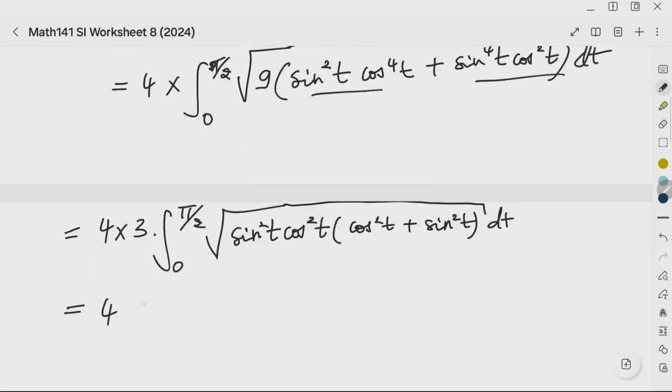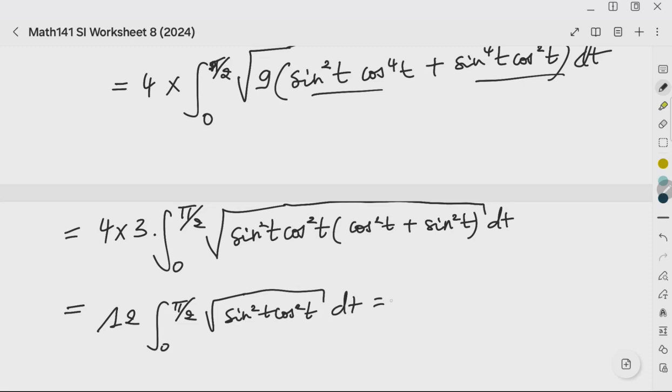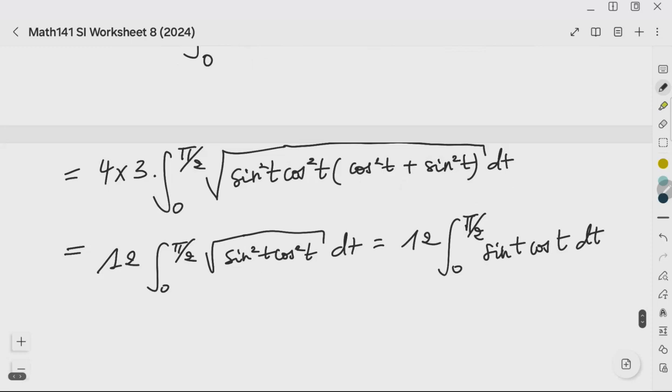So this integral becomes 4 times 3, which is 12, multiplied by the integral from 0 to pi over 2 of sine squared t cos squared t dt, which if you take from under the square root is equal to 12 multiplied by the integral from 0 to pi over 2 of sine t cos t dt, which we can solve by using our double angles.